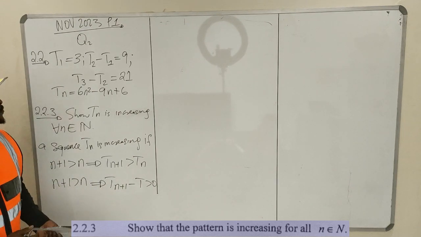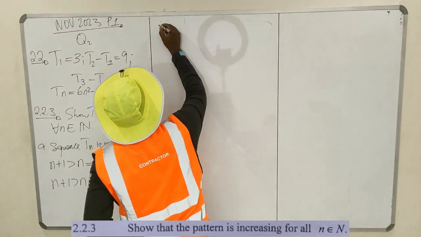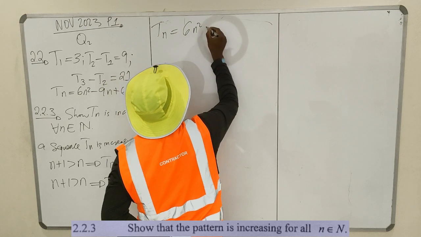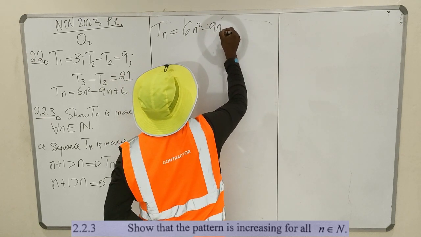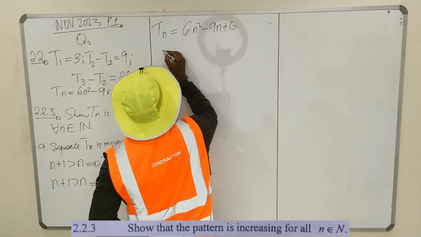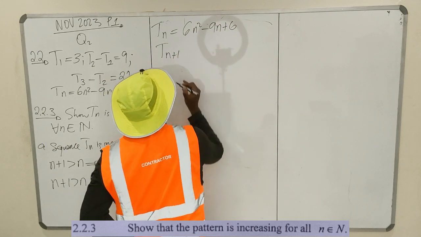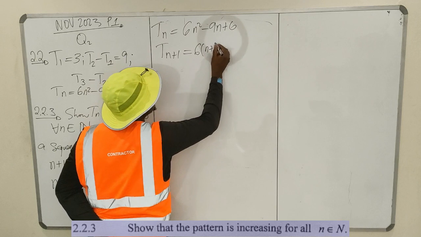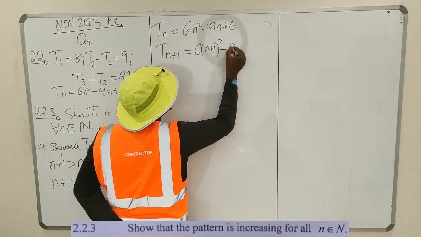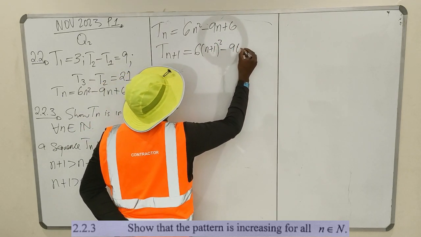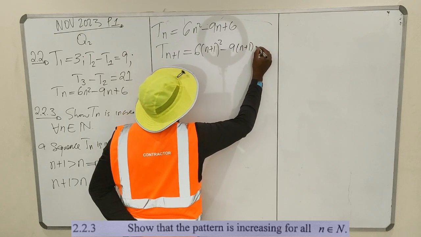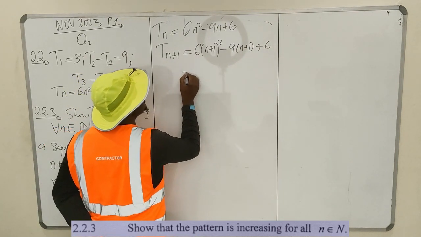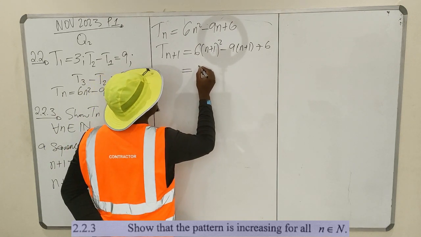So let's do that. We know Tn is equal to 6n squared minus 9n plus 6. Then we need to find Tn plus 1. Tn plus 1 we find by 6 at n plus 1 all squared minus 9 at n plus 1 plus 6. Let's simplify this.